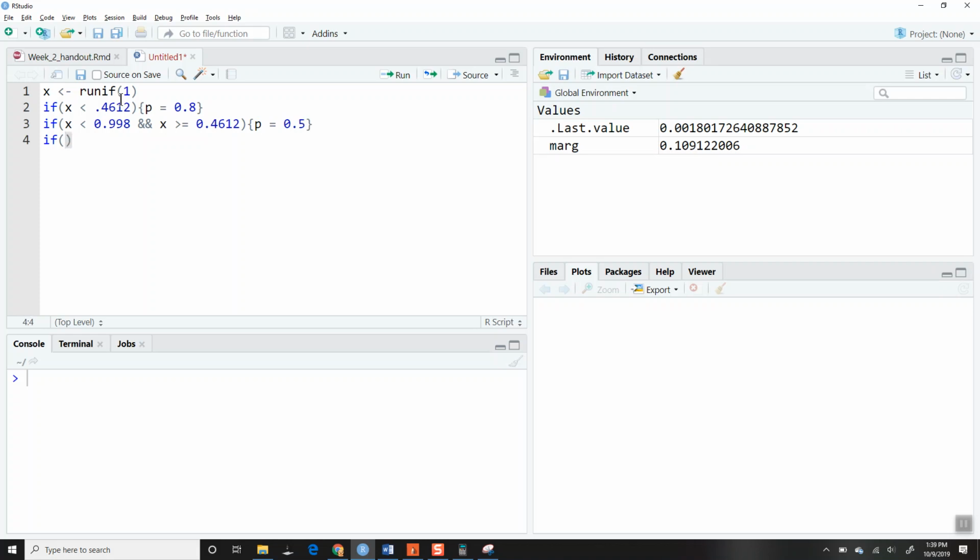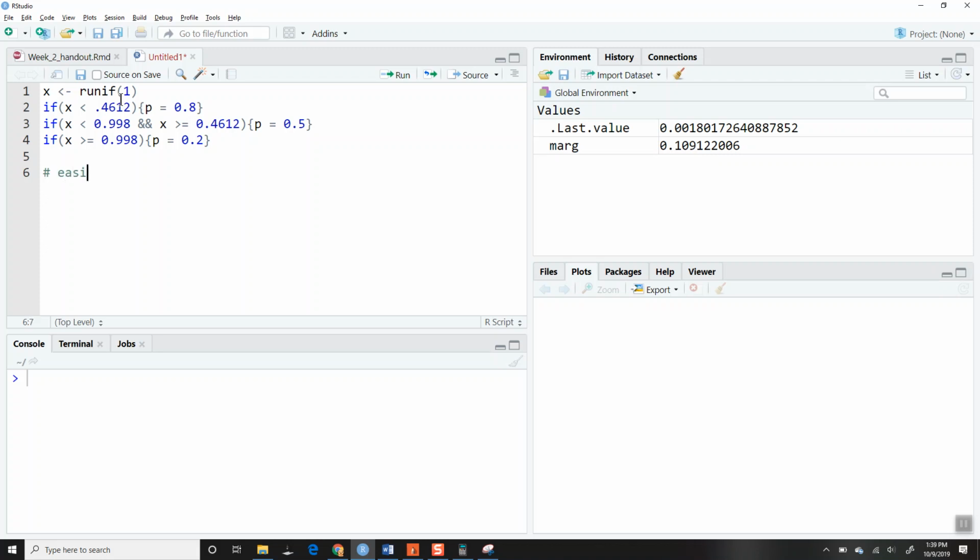And if x is greater than or equal to 0.998, p equals 0.2. So that's one possibility, and that would work.